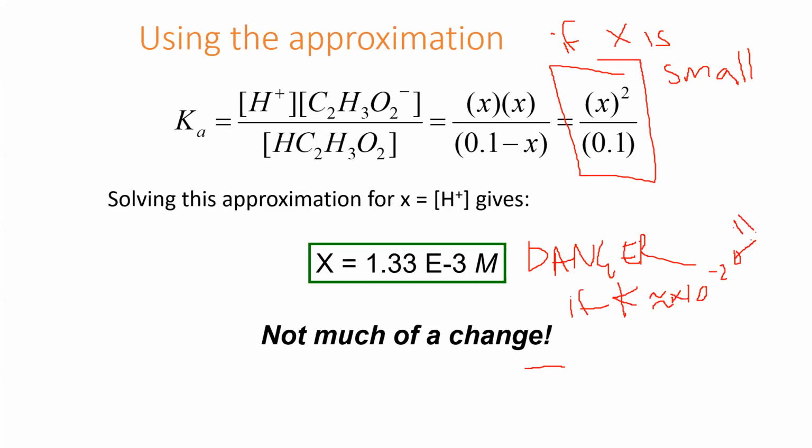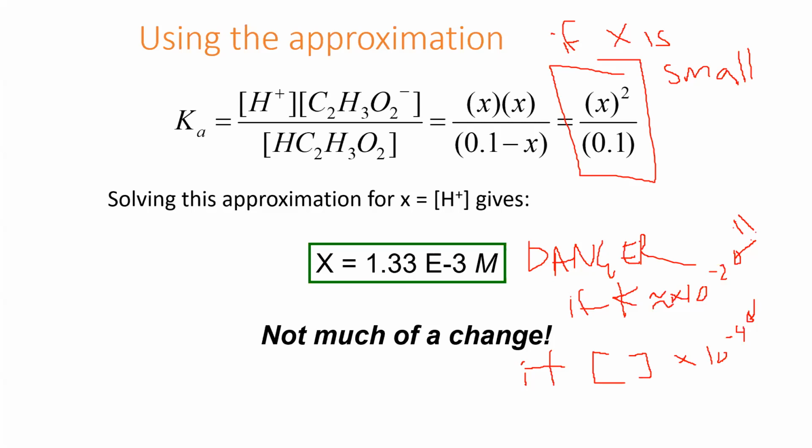The other time would be if your concentration is going to be times 10 to the minus 4. This is a low concentration, 0.0001 molar, not a lot. So x may be big compared to that initial concentration.